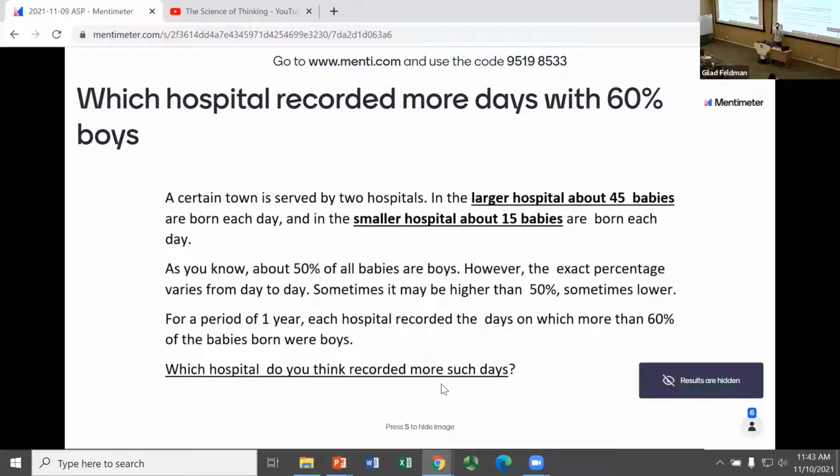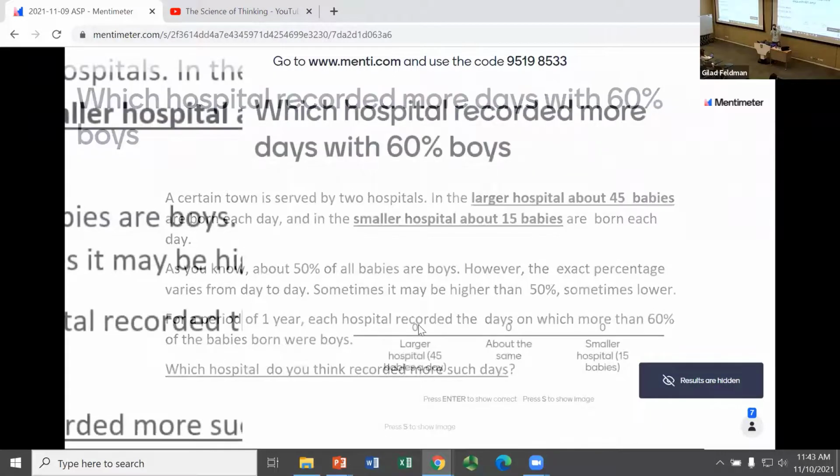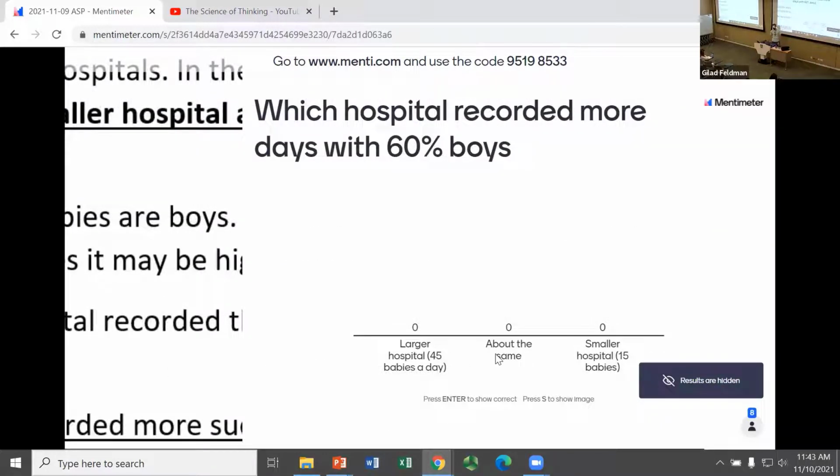So the average is 50%, and we're trying to record how many days had more than 60%, which is a deviation from 50%. Is it more likely in the big hospital or in the small hospital? In the one that has 15 babies or the one that has 45 babies? And the options are larger hospital, about the same, or smaller hospital.